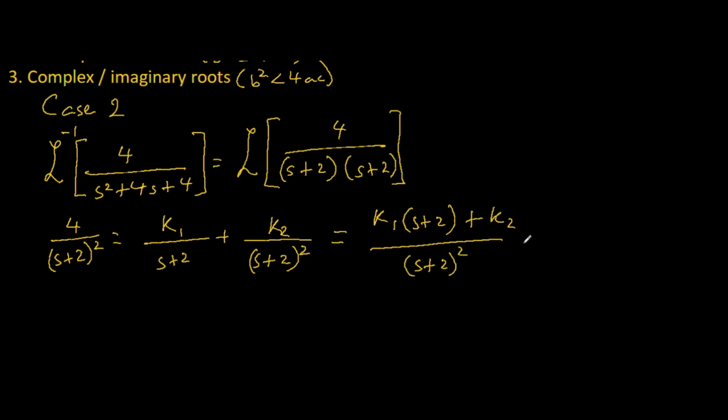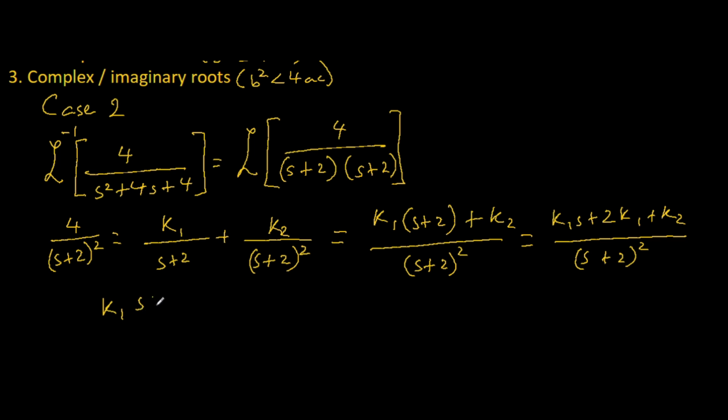In other words, the numerator is k1s plus 2k1 plus k2 over s plus 2 all squared.